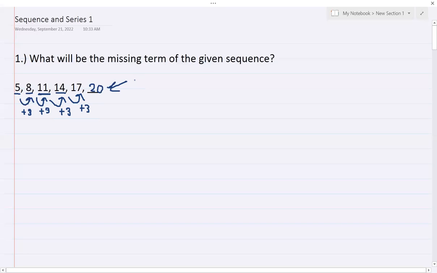That is your answer. So see, all you need to do is to think and analyze. You need to think critically. Or if you want, you can just use a formula.